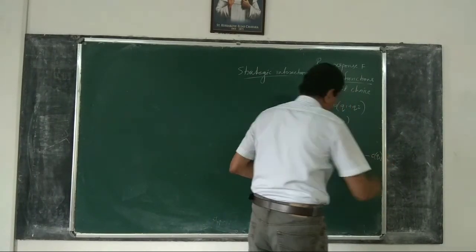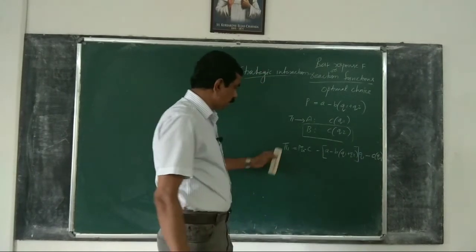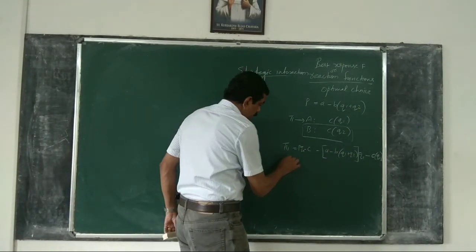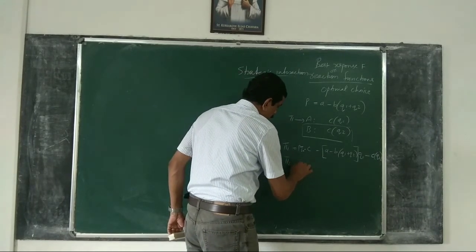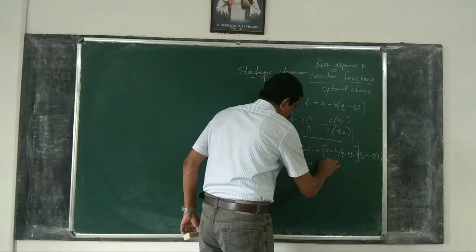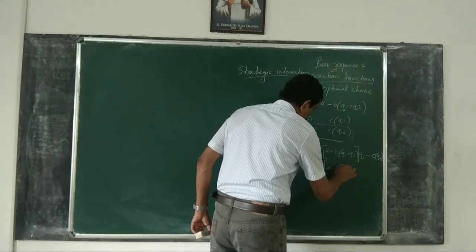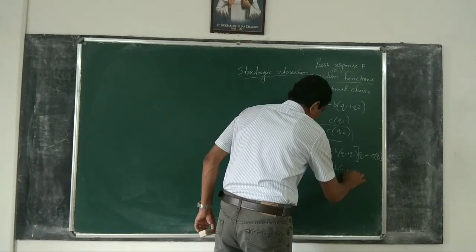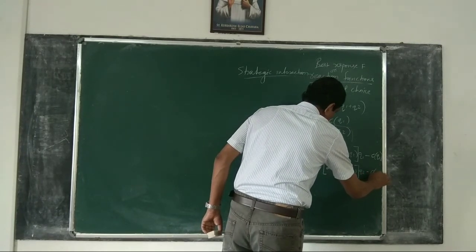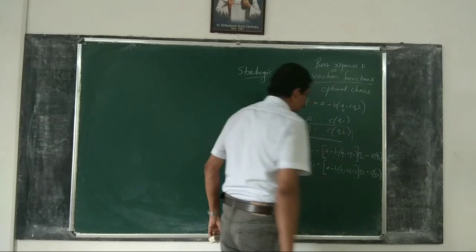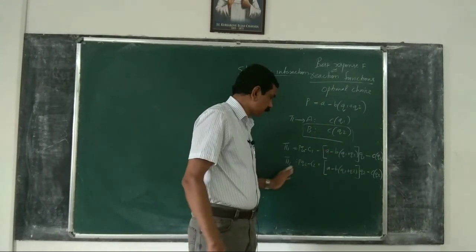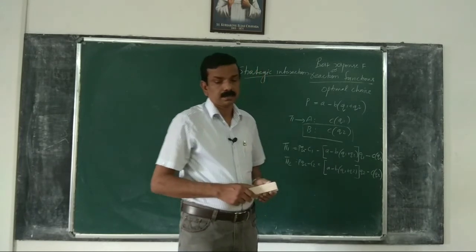The cost structure is given. So Pi 1 is given by this equation. Pi 2 is equal to P into Q2 minus C2, which is (A minus B(Q1 plus Q2)) into Q2 minus C Q2. So the profit functions are given as Pi 1 and Pi 2.